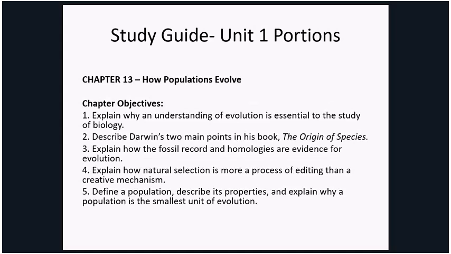So chapter 13 is not one that you really need to study as far as your proctored tests go, but you will be learning from it and displaying your knowledge based on the assignment that you have to do for this unit. That's picking an example of things that kind of prove, or not necessarily prove, but show evidence toward evolution. So that's in this unit, and then we'll revisit it again.